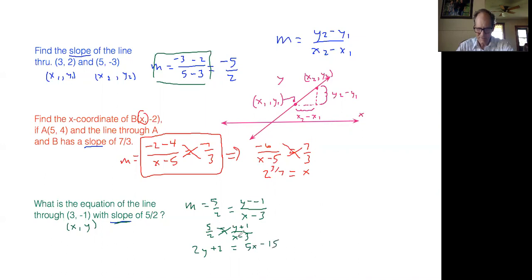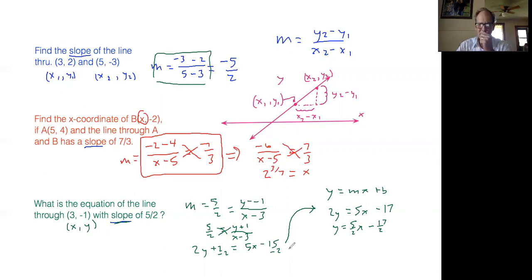I distributed the 5 amongst that binomial, and I distributed the 2 amongst the terms of that binomial. And so now if we want to put it in slope-intercept form, then we'd have 2y equals 5x minus 17. See how I did that? I subtracted the 2 from both sides. And then y equals 5/2 x minus 17/2.